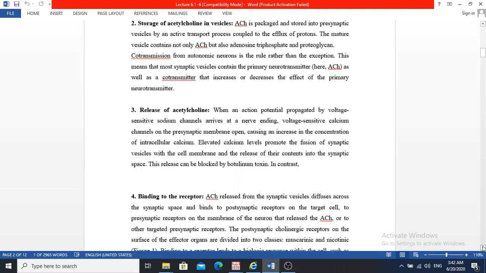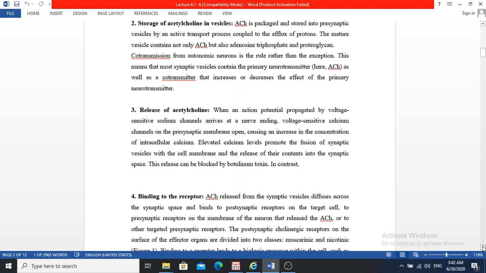Elevated calcium levels stimulate the fusion of synaptic vesicles that contain acetylcholine with the cell membrane and the release of their content into the synaptic space.